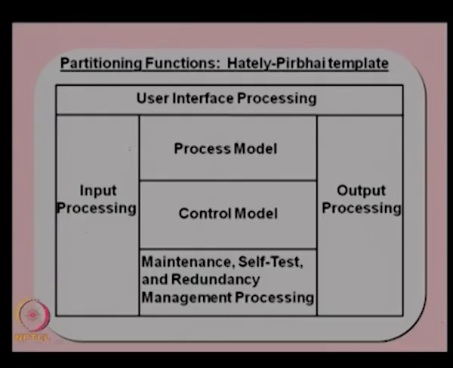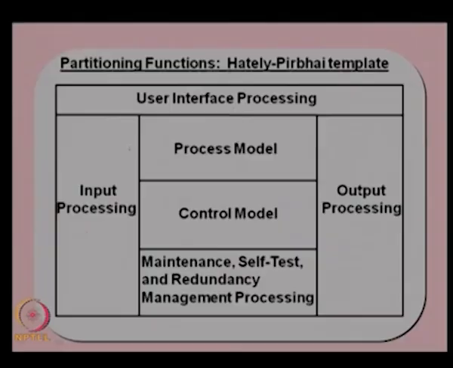Now, the advantage of the HP template is that you can take any one of these functions, such as the output processing, as another process model and again divide it into 5 functions. Similarly, those functions can further be divided into 5 sub functions, and we can keep doing this till we reach the last level of division of functions. So, the HP template gives you a format through which we can divide the functions.